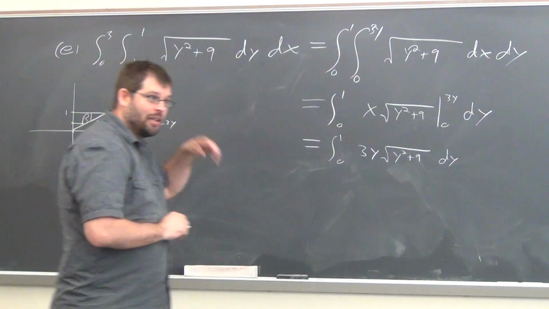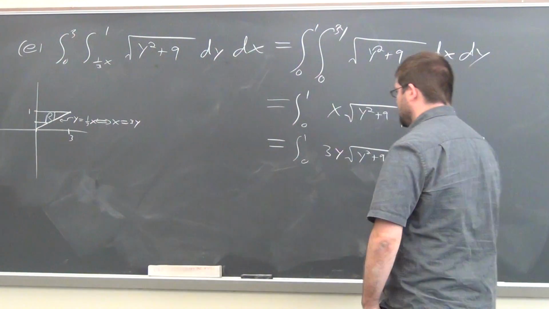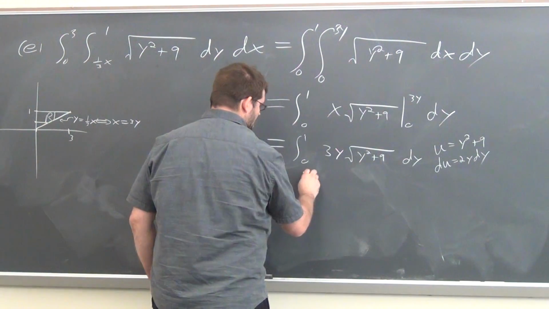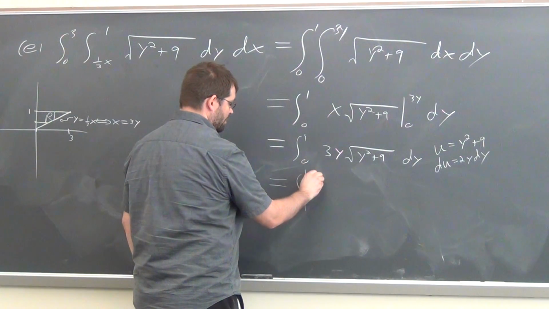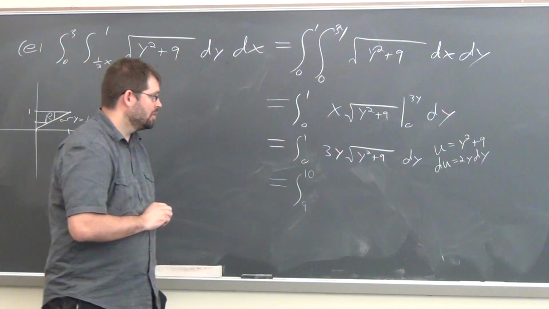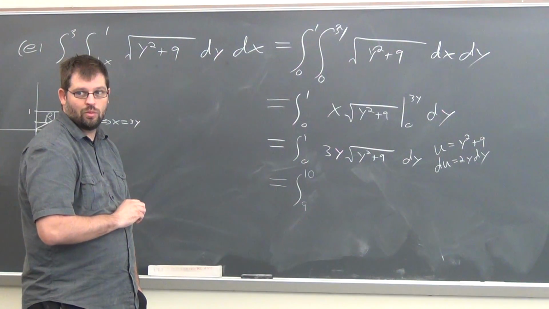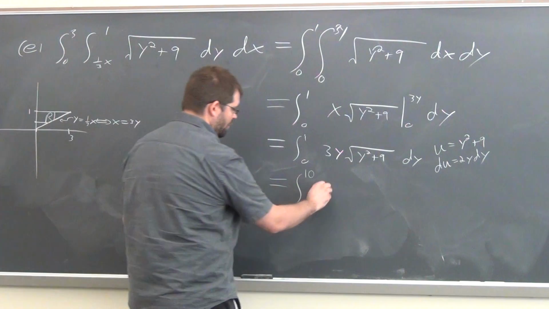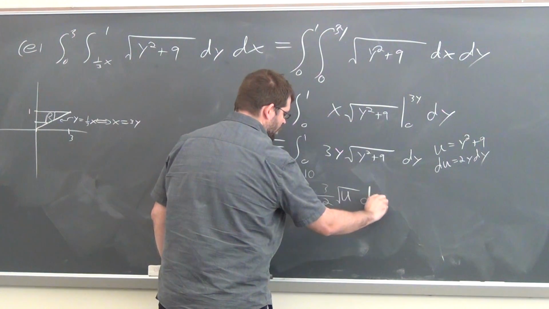And now you can try to integrate this with a substitution. So u equals y squared plus 9, du is 2y dy. Our bounds shift to become 9 to 10. The 3 stays there, and the y dy becomes 1/2 du, so we end up with 3/2 square root of u du.